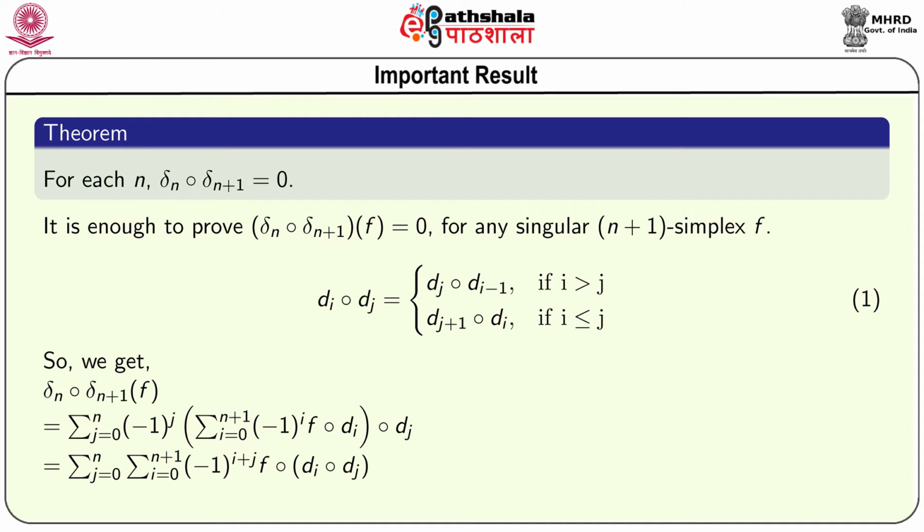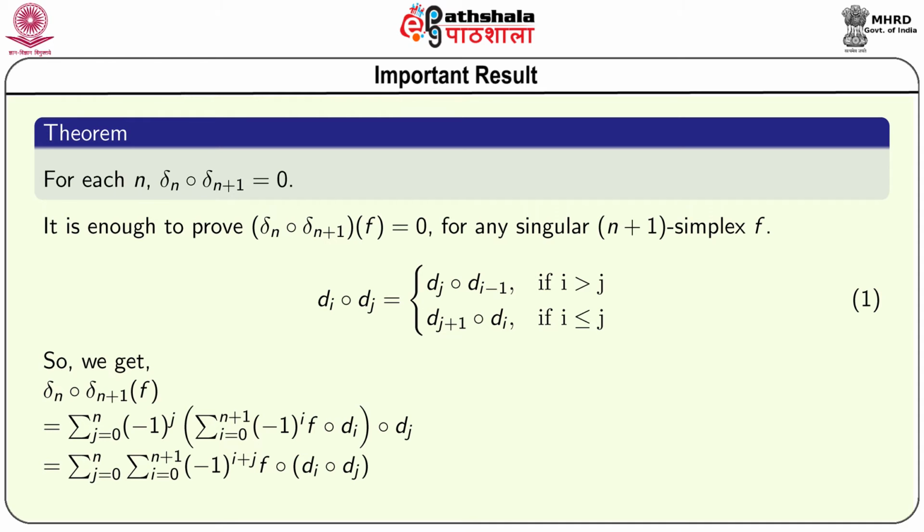So, if we start with ∂n∘∂n+1 and operate that function on f, then we will get from the definition of boundary homomorphism that it is equal to the summation j equal to 0 to n of (−1)^j, on the summation i equal to 0 to n+1 of (−1)^i f∘di, this whole thing composed with dj.